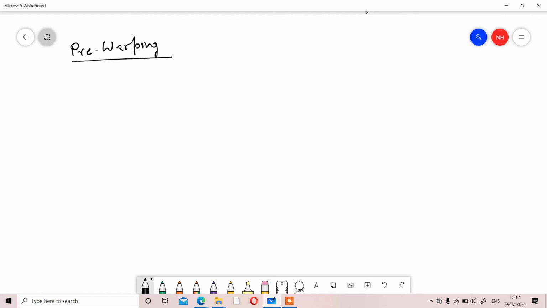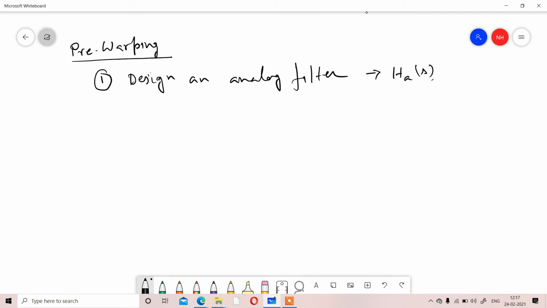First, we have designed an analog filter, meaning we have got H(s) by using the Butterworth approach or any other approach.